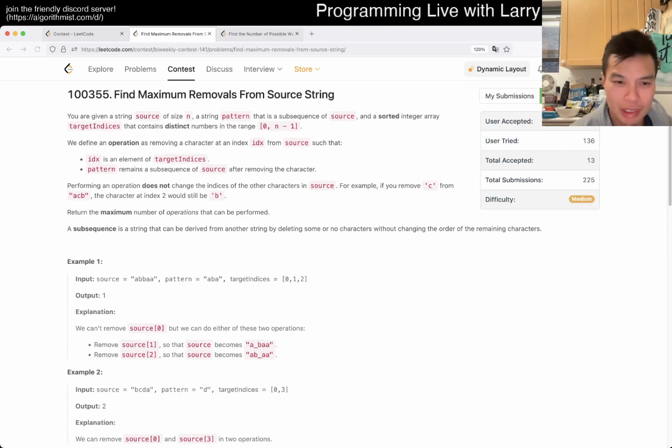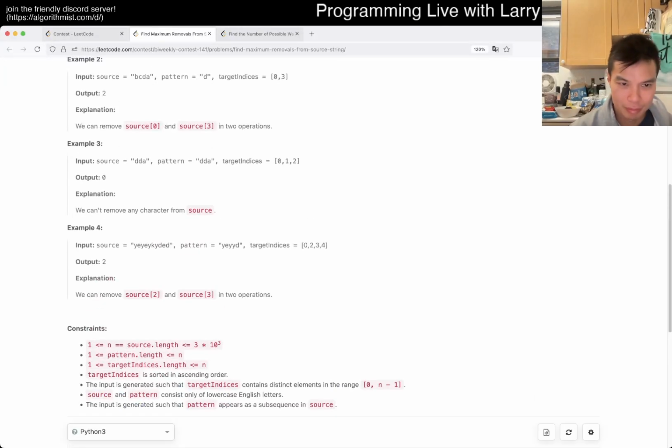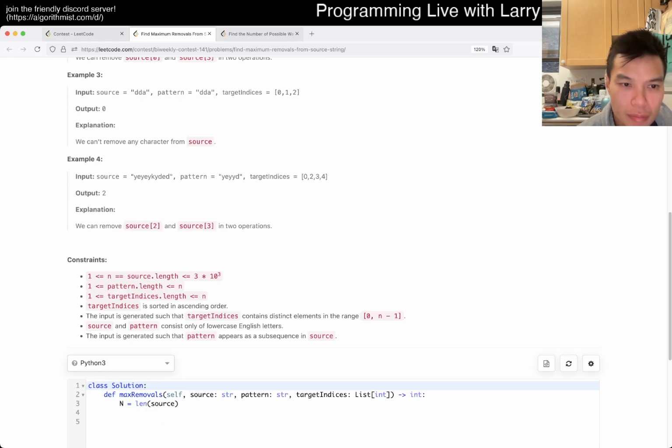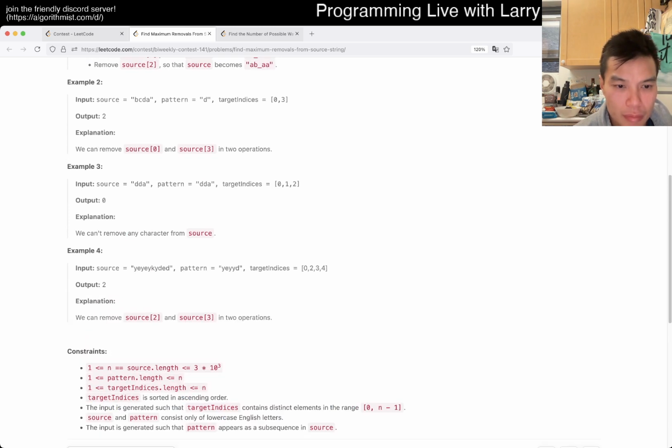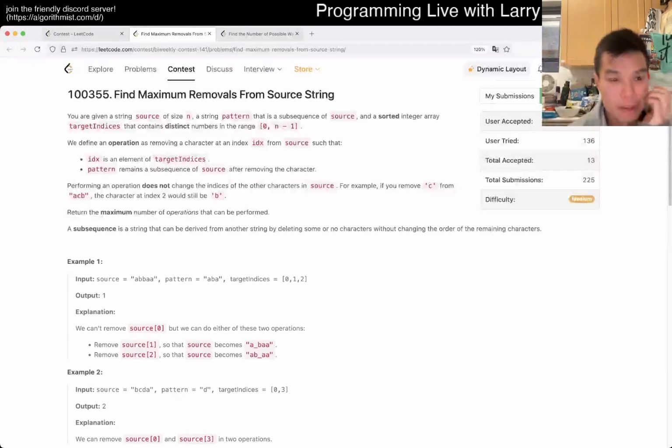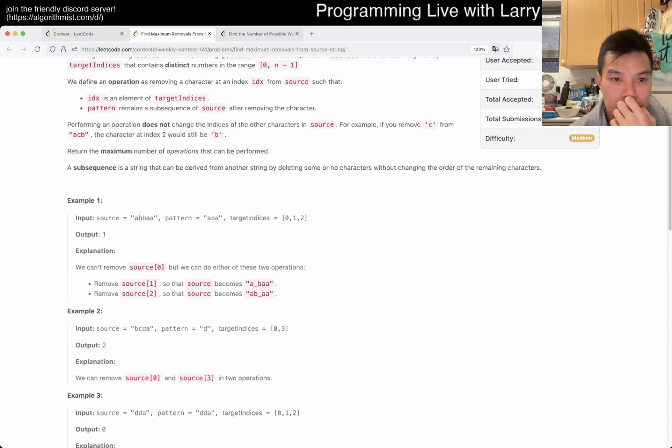18 people, 13 people. That's kind of weird. Target in... it's okay. AB. How am I thinking about this?